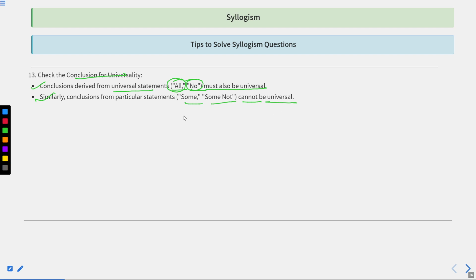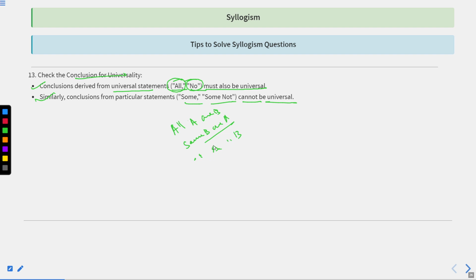If all A are B, then we can say some B are A. Yes, we can say that. We can come to the conclusion that if all A are B, some B are A, and some A are also B, because all A are B, meaning some A will also be B.